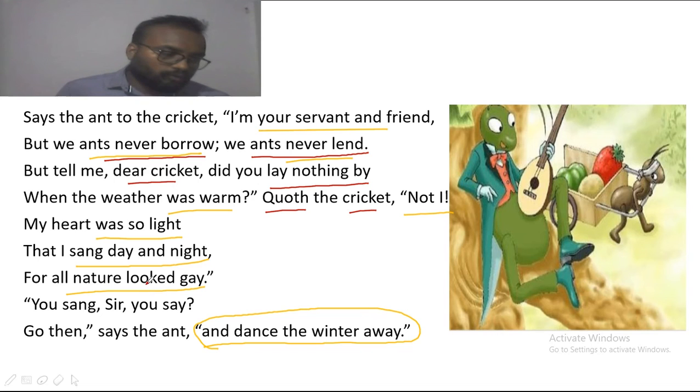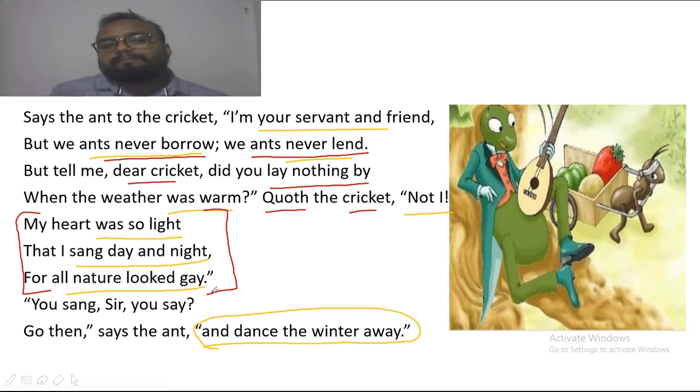So what he says is that at that time, when nature was favorable, when the season was favorable, I was in a happy mood. That was my happiest time, and at that time I was so happy that I never thought about all these things, and I was indulged in singing and dancing and amusing myself.